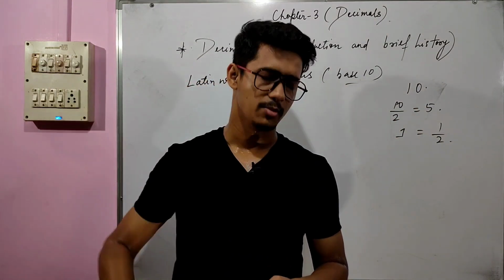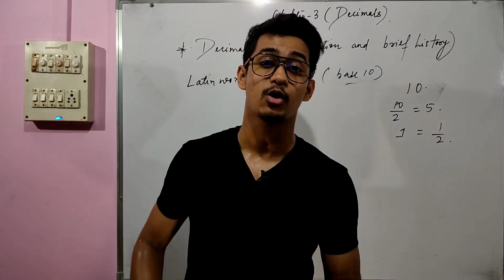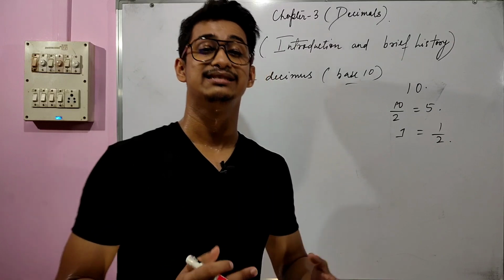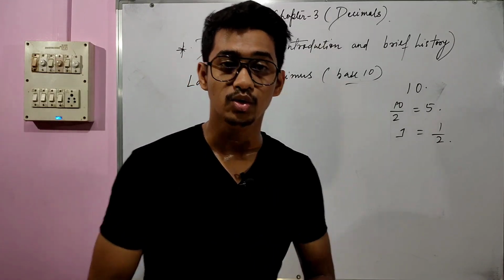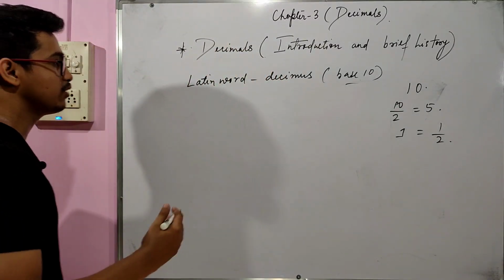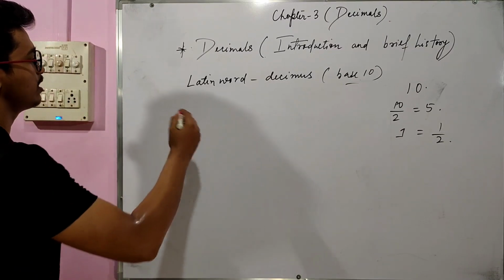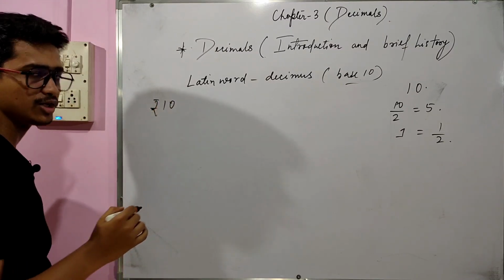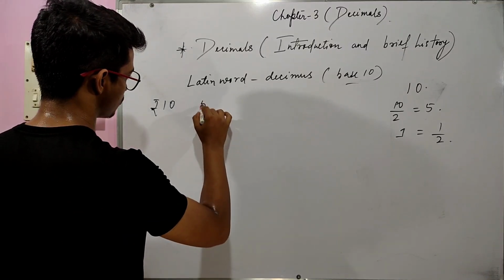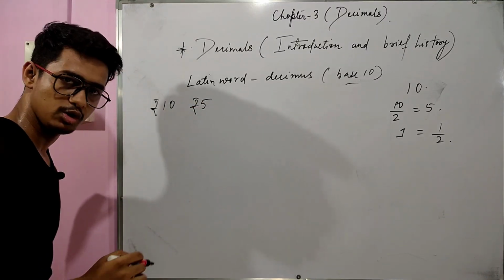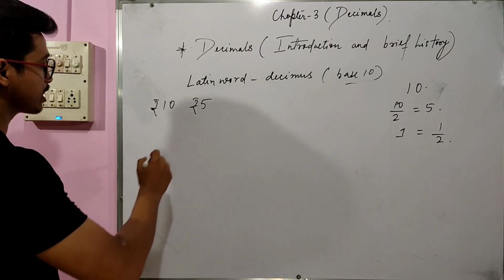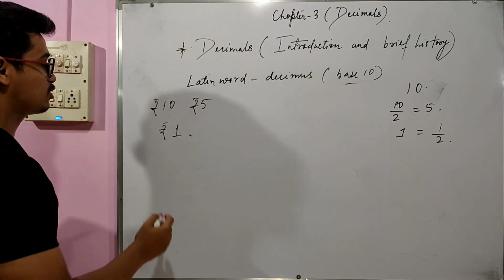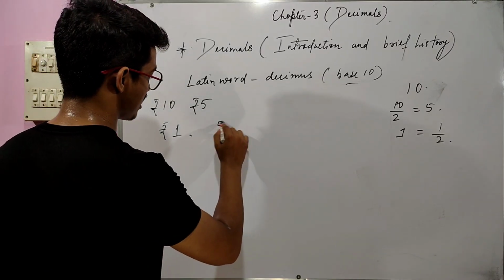When we are talking about rupees or paisa, or you can say currencies, in that case the decimal system came into existence. So how does this play an important role when we are talking about currencies? Let's say a 10 rupees note. What is the half of 10 rupees? That is 5 rupees, coin or note, you can say. When we are talking about a 1 rupee coin, what is the half of a 1 rupee coin?